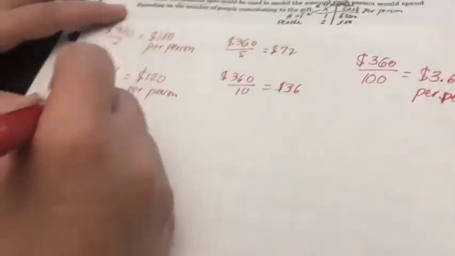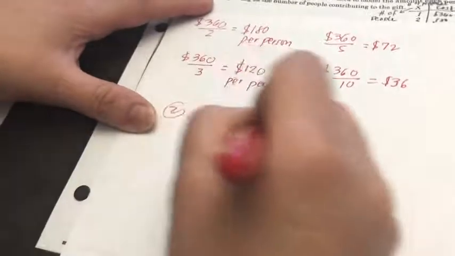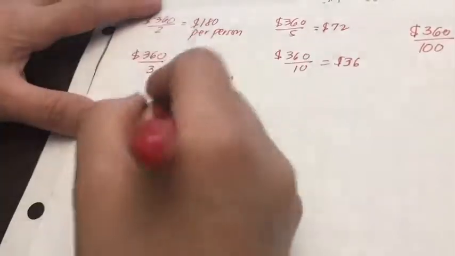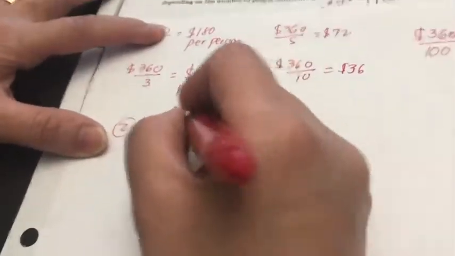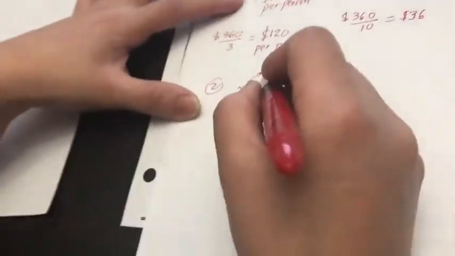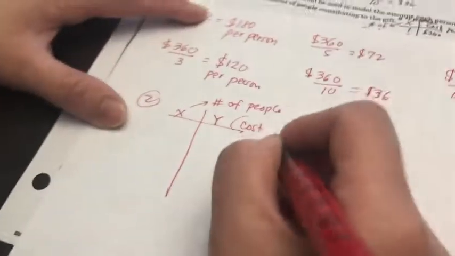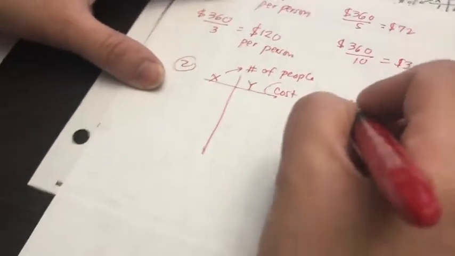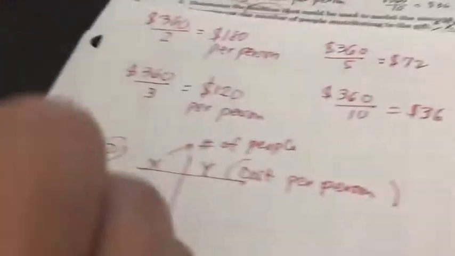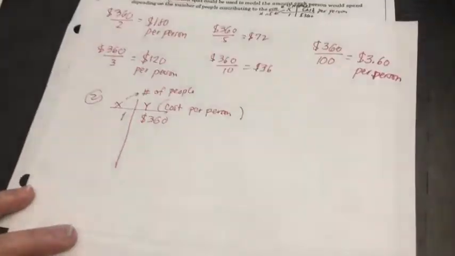So I think for number 2, I can come up with a table of values where x represents the number of people contributing, and then my y value will be the cost per person. So if you're the only one buying the gift, you have to spend $360.